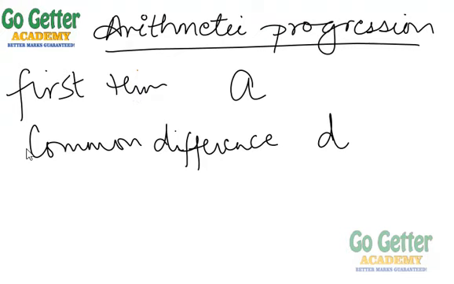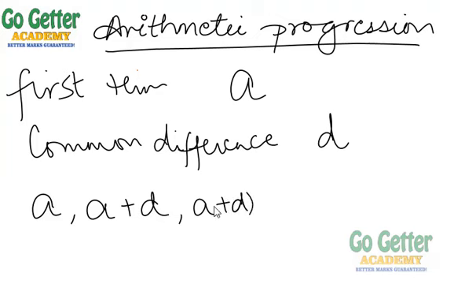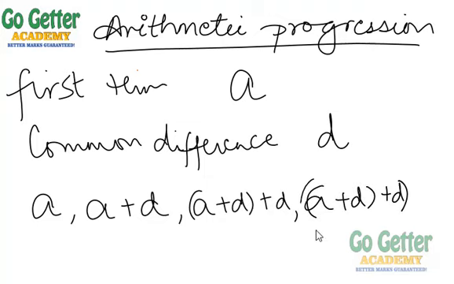So how will this arithmetic progression AP be formed? We'll have the first term A, we'll have the second term A plus D, we'll have the third term A plus D plus D, and the fourth term A plus D plus D plus D, and this way we will go on.